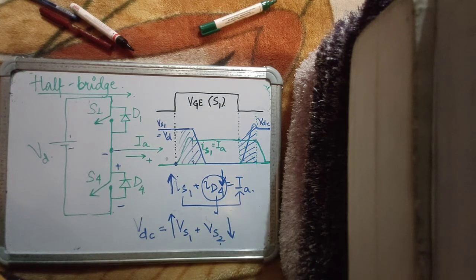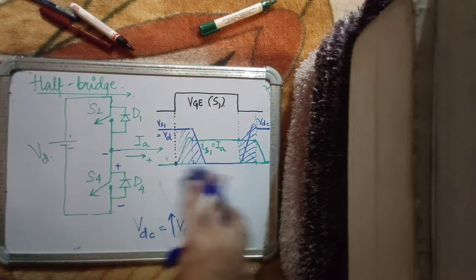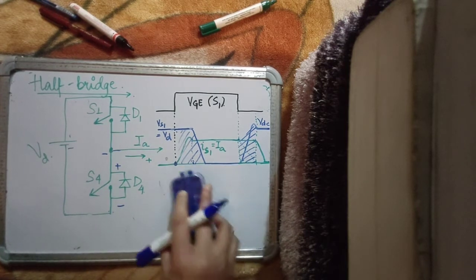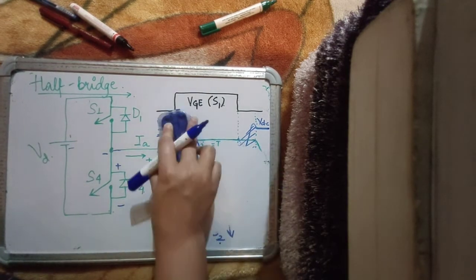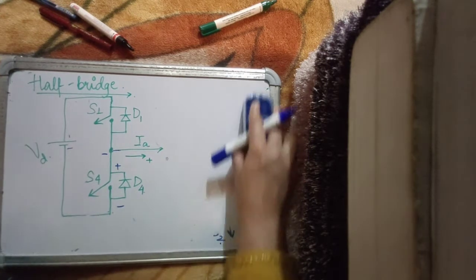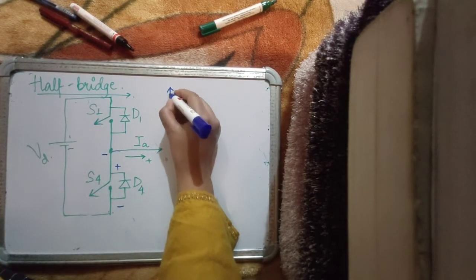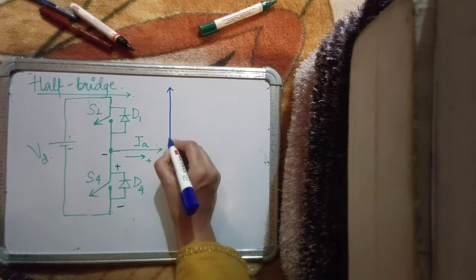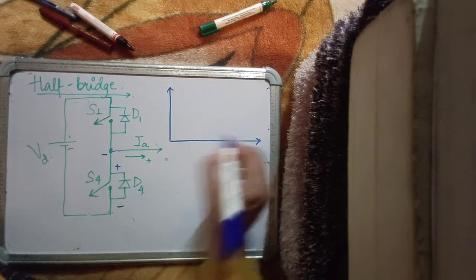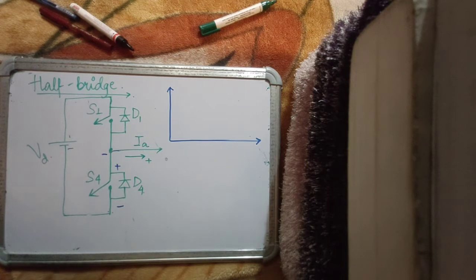Not only are there more losses, I will also try to put this information in the form of another graph. What basically happens in diode clamped devices is that the turn on and turn off process put a lot of stress on the device.